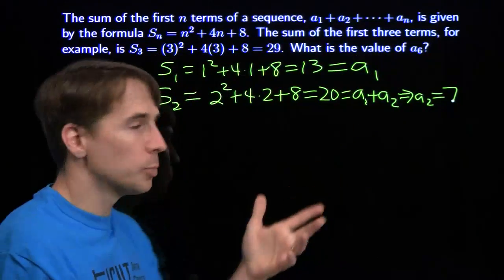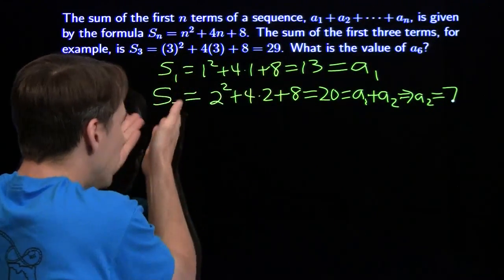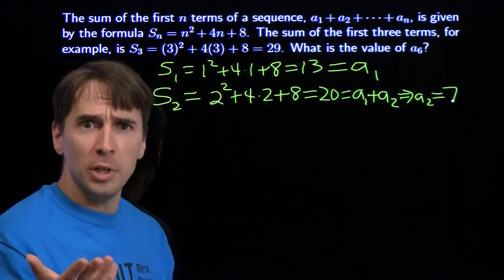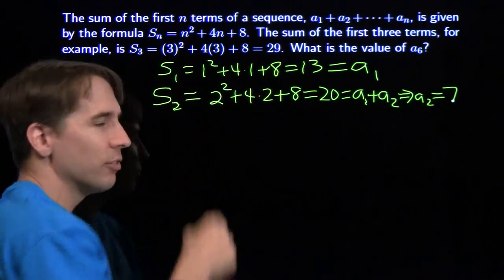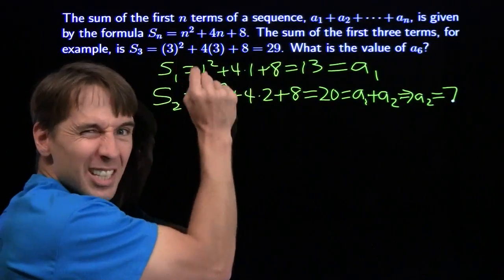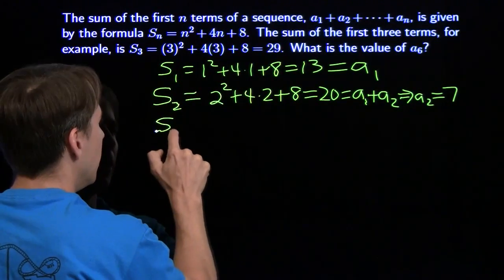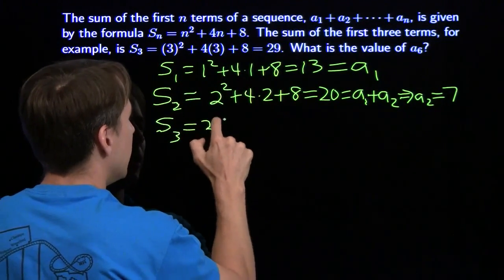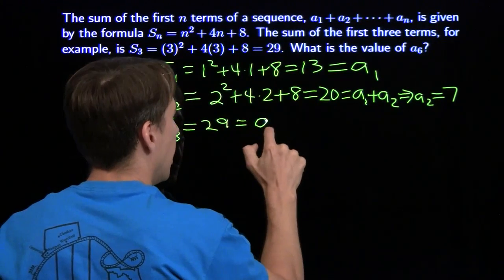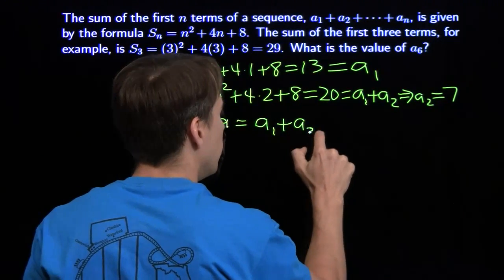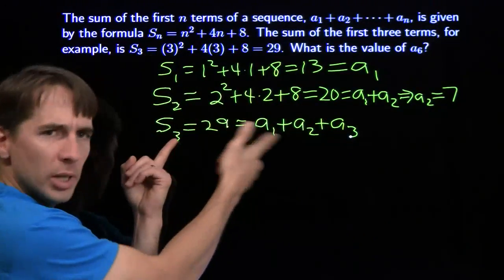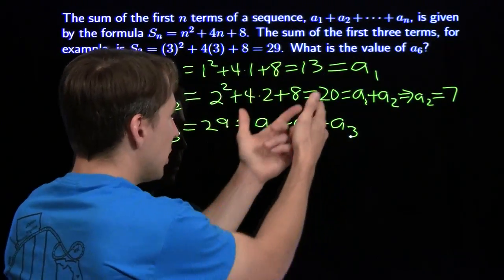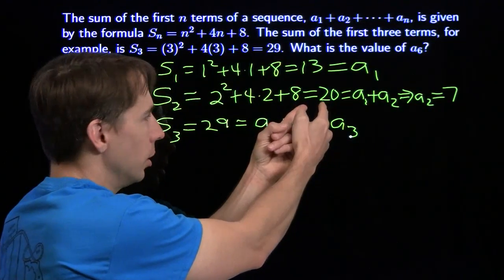That's still not A6, but going from S1 to S2, we were able to figure out what A2 is. So that means if we look at S3, we should be able to figure out what A3 is. And we don't even have to do any computation because they gave us S3. That was awfully nice of them. S3 is 29. That's A1 plus A2 plus A3. And we substitute in A1 and A2 into here. 13 and 7 gives us 20.